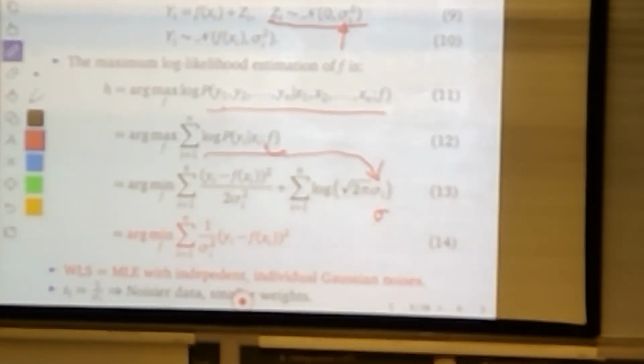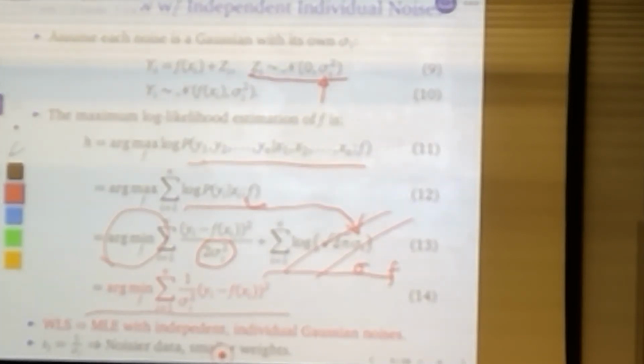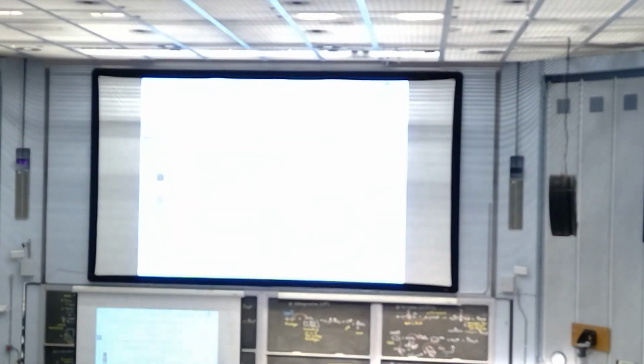Now it becomes sigma_i. But this term has nothing to do with f. So when you try to maximize over f, this term is irrelevant. So it becomes this. Again, you reach the same conclusion. Weighted least square is maximum likelihood estimation with independent individual Gaussian noises. And from this equation, you can see that in the weighted square, we have s_i squared.